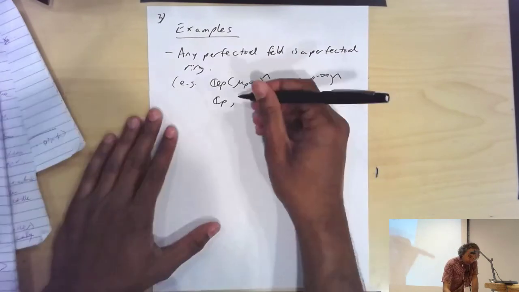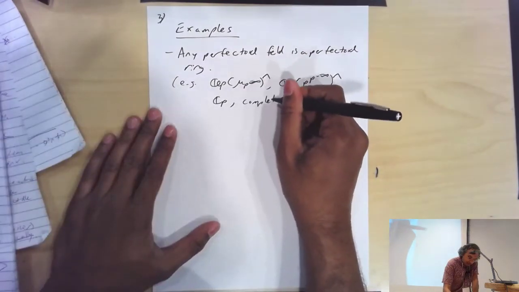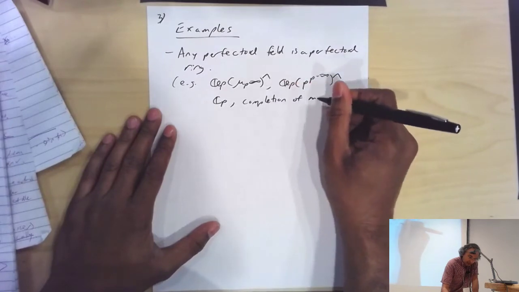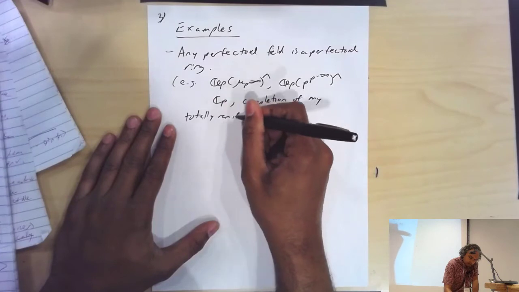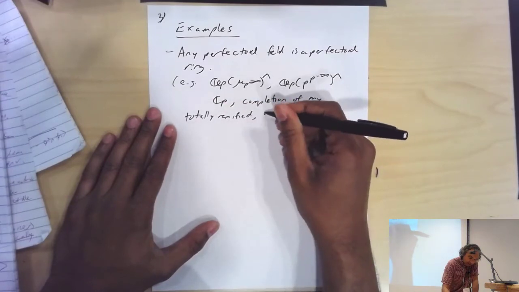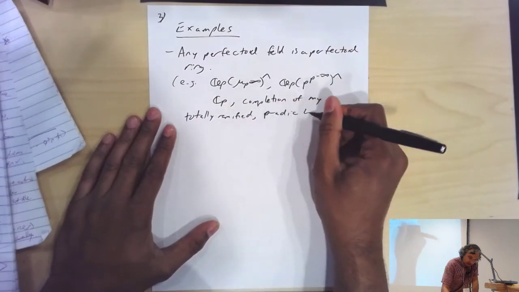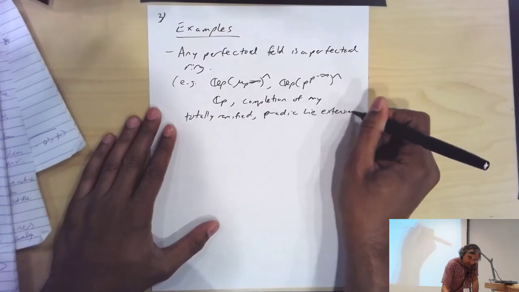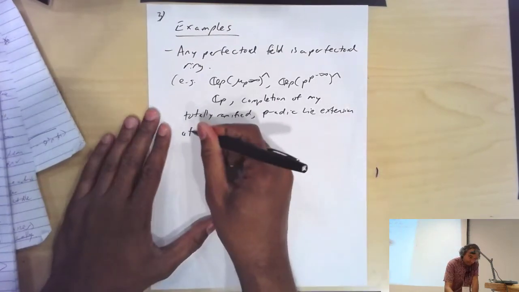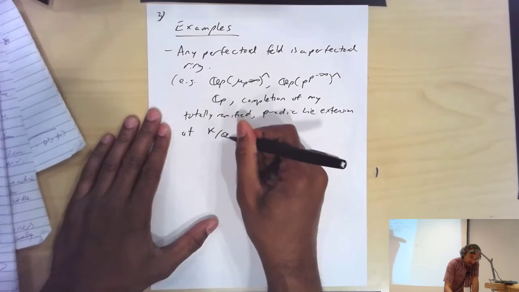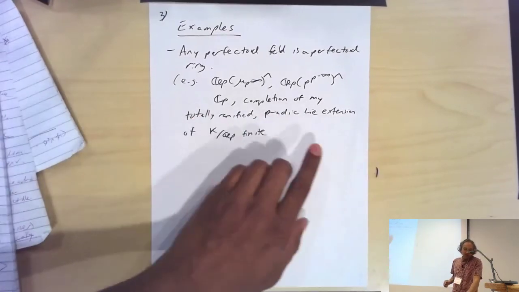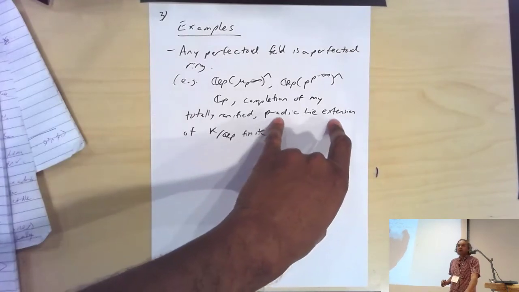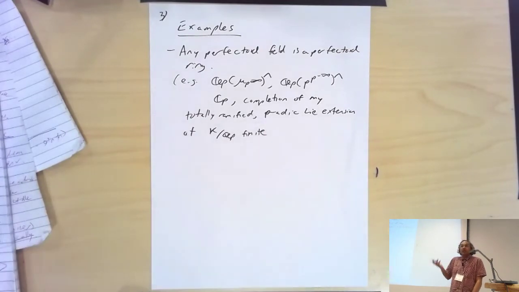So for example, if you take the completion of any, say, totally ramified p-adic Lie extension, so say you start with a finite extension of Q_p, and you take some totally ramified Galois extension whose Galois group is a p-adic Lie group, like Z_p^*, but it would also be like GL_n(Z_p).